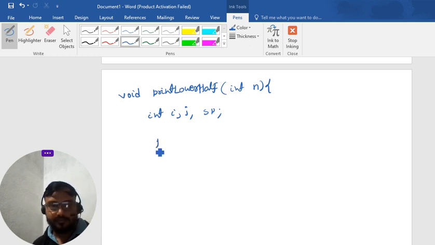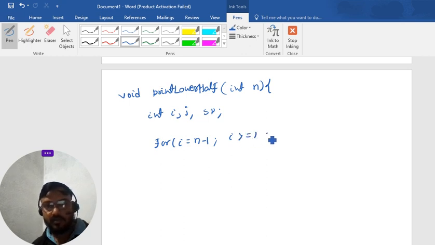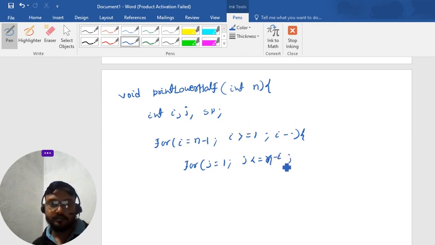Next, for I equals to n minus 1, I is greater than equals to 1, I minus minus. For j equals to 1, j is less than equals to n, right? Not row, n.